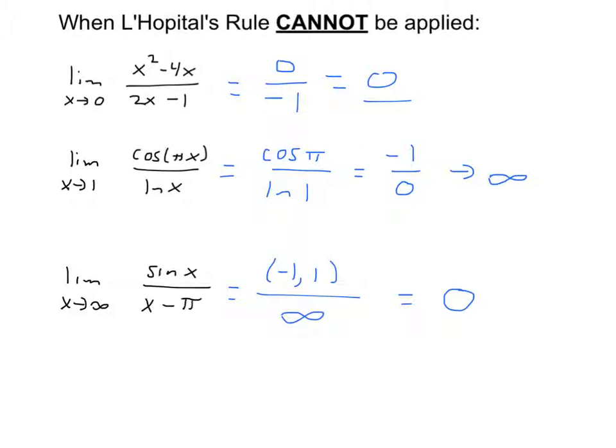There could be some problems where you're asked to find a limit that, if you do the substitution, gives you an indeterminate form. They're not expecting you to use L'Hopital's rule, but it would be an acceptable way to do it. What they would actually be expecting you to do is recognize one of the forms of the definition of the derivative. Anyway, with that, this does conclude the video on L'Hopital's rule and the indeterminate forms.